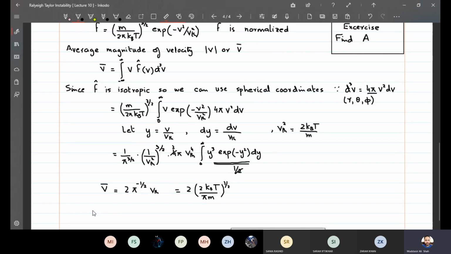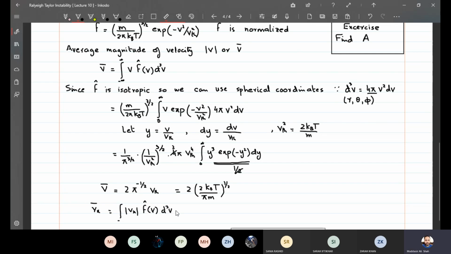You can also find the average value of Vx by integrating Vx and f of v d3v.